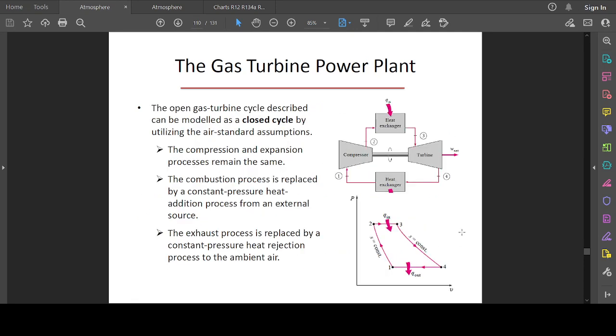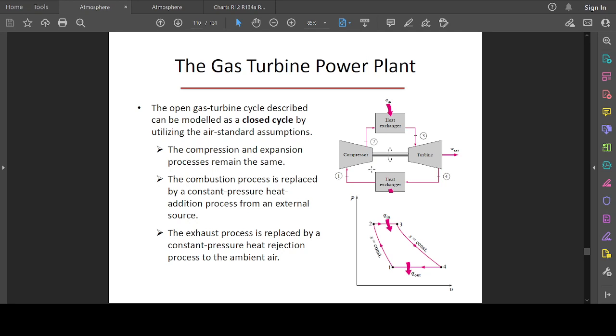Okay. So the open gas turbine cycle described can be modeled as a closed cycle by utilizing the air standard assumptions like we've used in the previous slides. If we use those assumptions, then the compression and the expansion process will remain the same. So these two will remain the same.